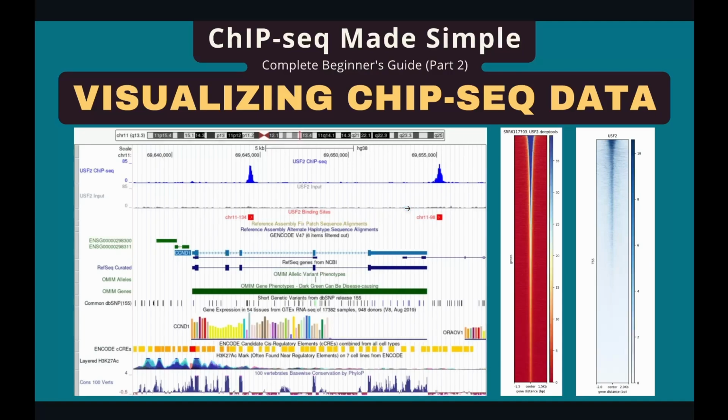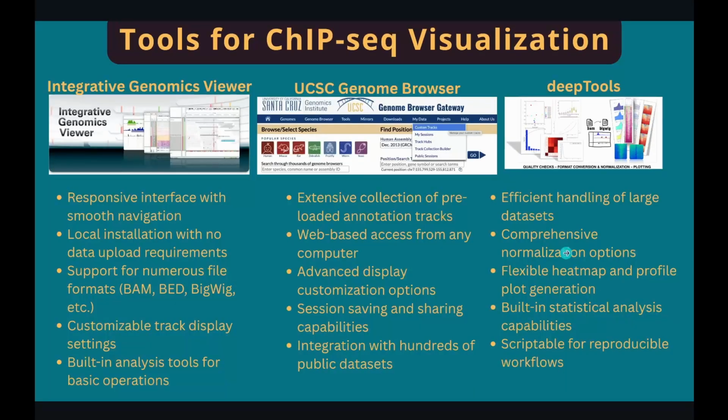Let's dive right in. Here I introduce three tools for ChIP-seq data visualization: the Integrative Genomics Viewer, the IGV, the UCSC Genome Browser, and deepTools. The IGV should be your go-to app. It's lightweight, can be installed on your laptop, and has a graphical interface.